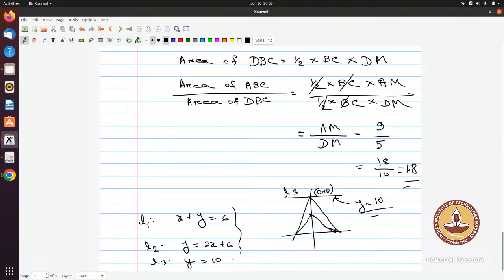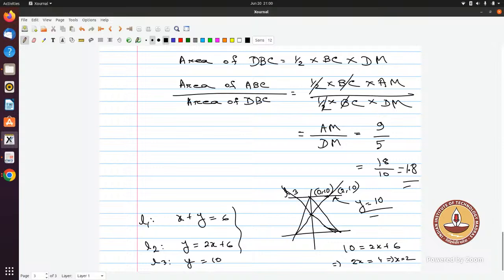Now, putting L2 and L3 together, where they intersect, I have to solve these two equations. If I put y equal to 10 here, 2x plus 6, so 2x is 4, so x equal to 2. So this point is 2, 10.